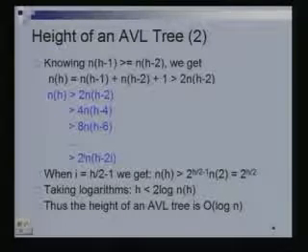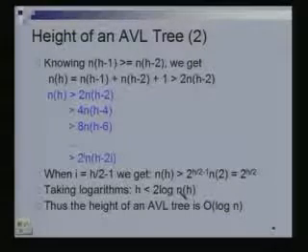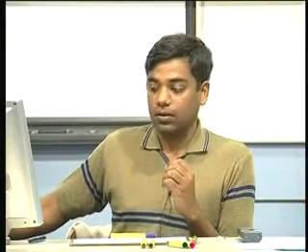This n is just a function. Don't confuse this n with the number of nodes. You can replace this n with something else. So then what is n? You said that n of h is less than n.